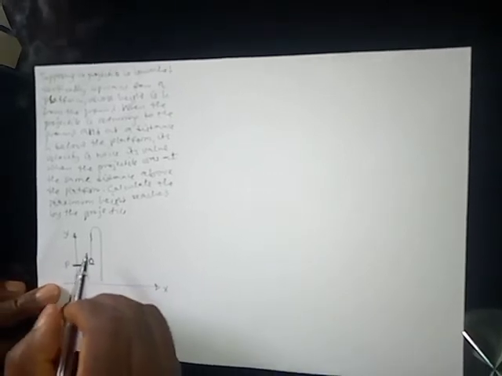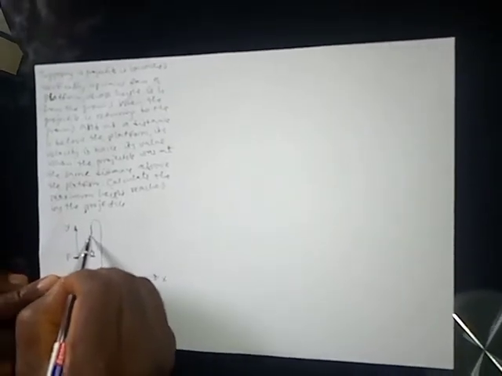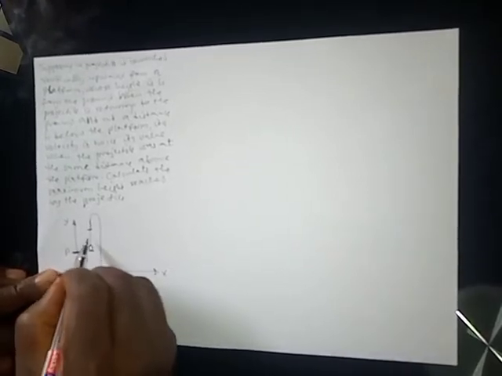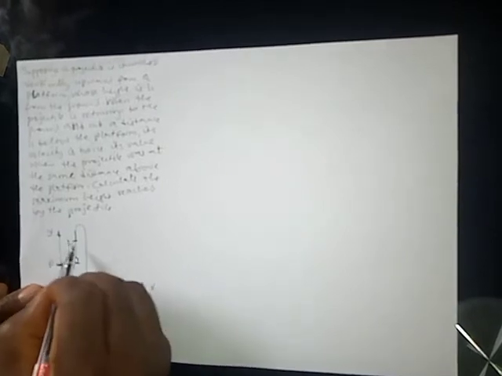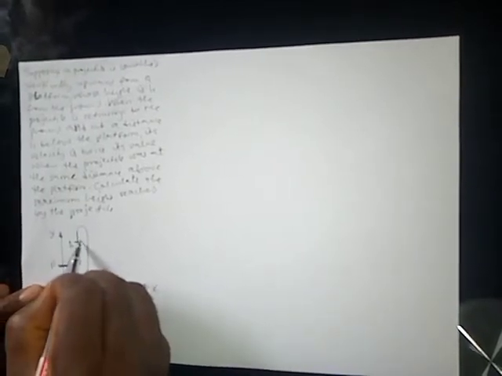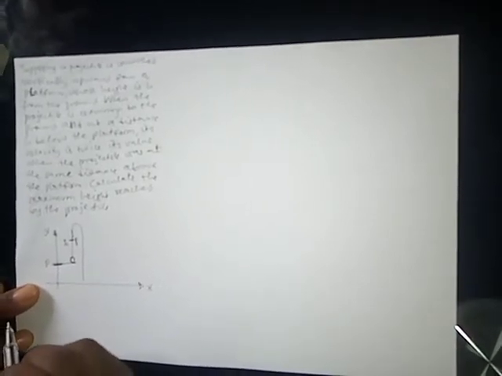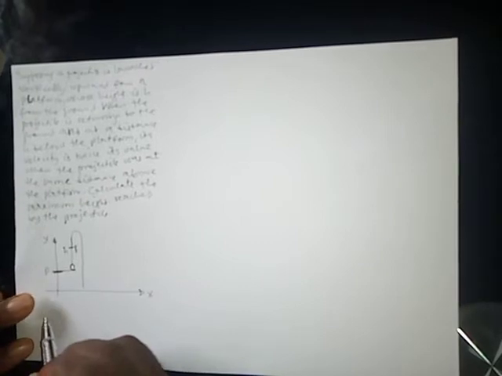We are told that at a distance h after the launch, we have a velocity. Let's label it v1. That is an intermediate final velocity because that is not the end of the motion.